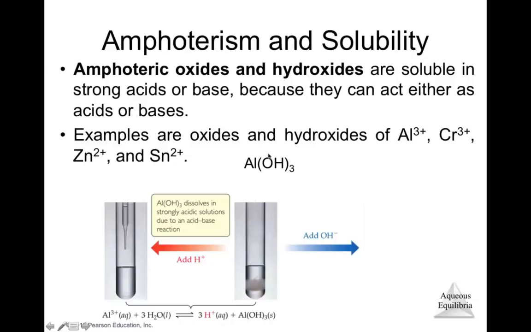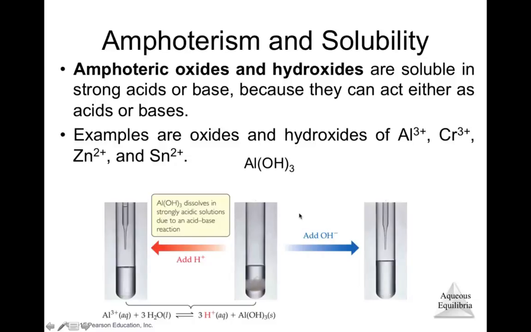And what happens with the aluminum hydroxide and OH? If we add OH, this is not an acid, so it can act by removing a hydrogen from here. But aluminum is a Lewis acid, and hydroxide is a Lewis base. So those electrons can be donated to the aluminum, producing the complex ion that we saw in the slide before.